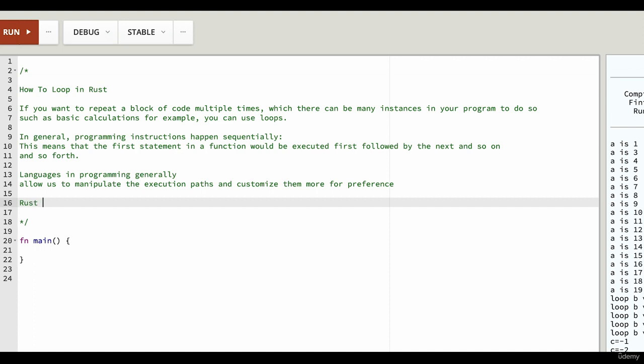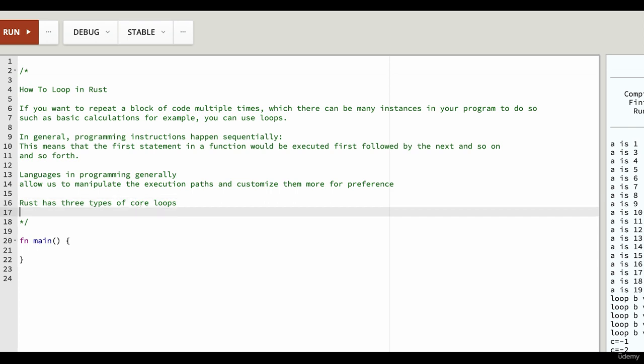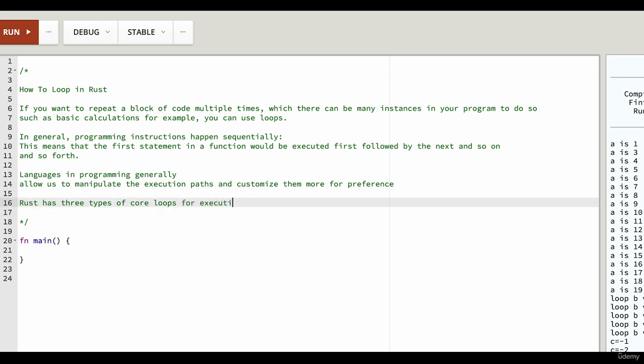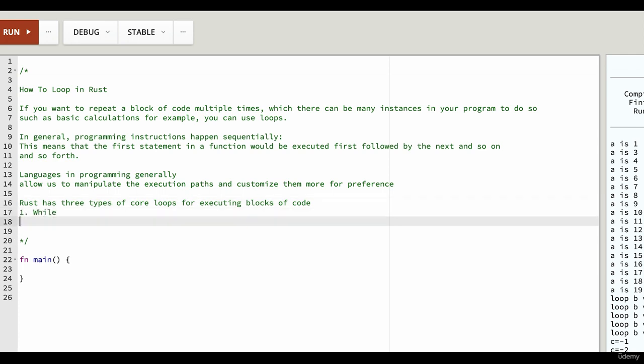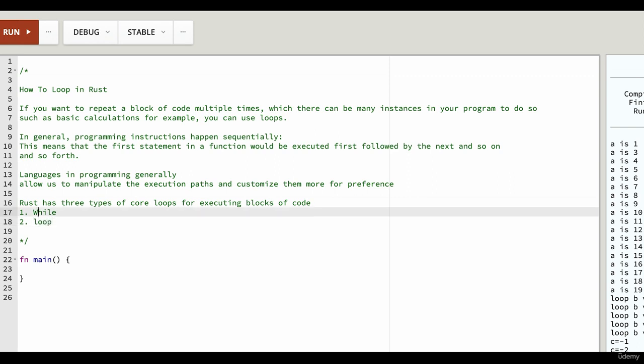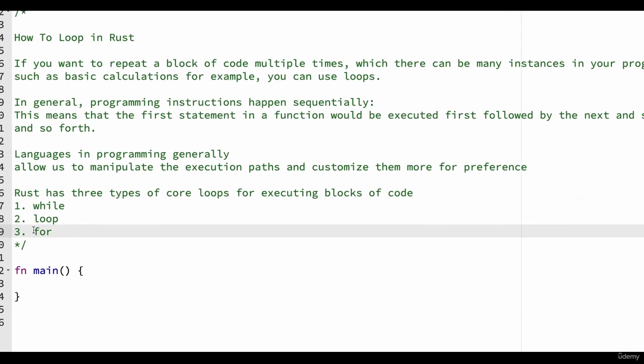So Rust has 3 types of core loops for executing blocks of code, okay? We have the while loop, we have the loop, and we have the for loop, okay? So these are 3.